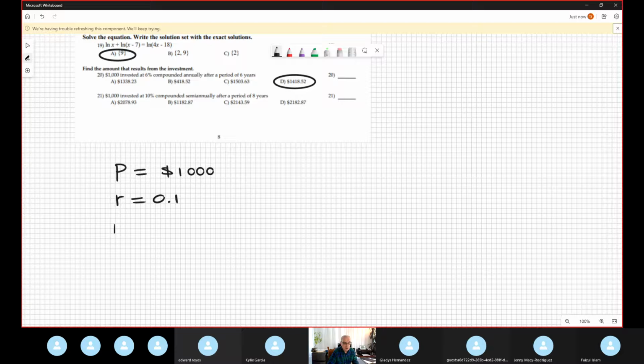Semi-annually, n is equal to 2, two times in 1 year: 6 months the money increases, and the other 6 months the money increases. And we have t equal to 8 years. So, look, the multiplication of 8 and 2 is 16. NT is 16, which indicates that my money is increasing in 16 periods.